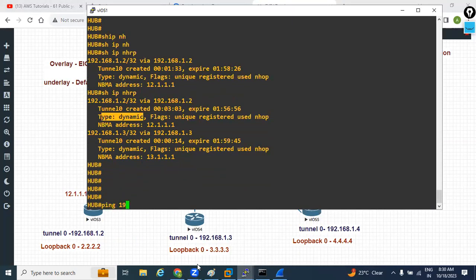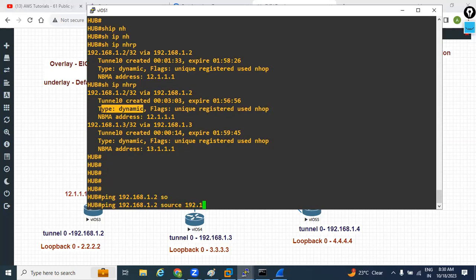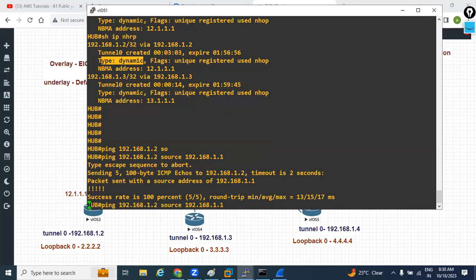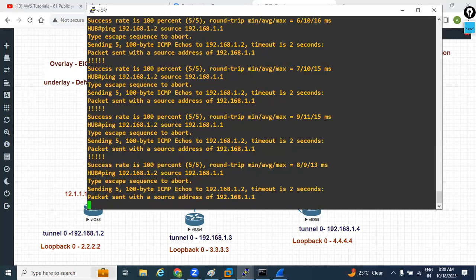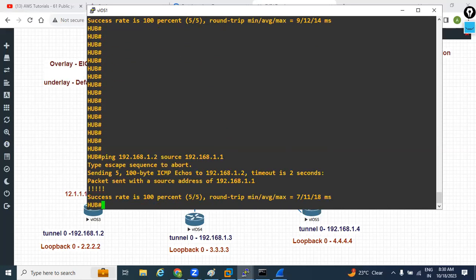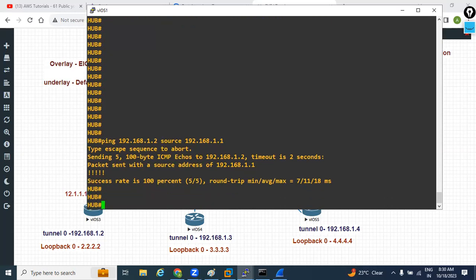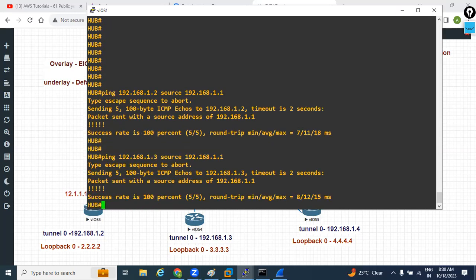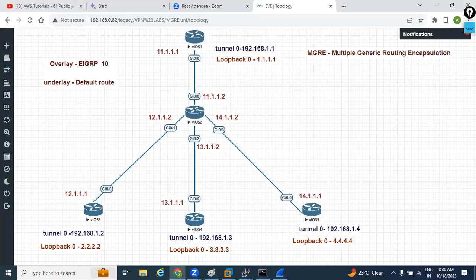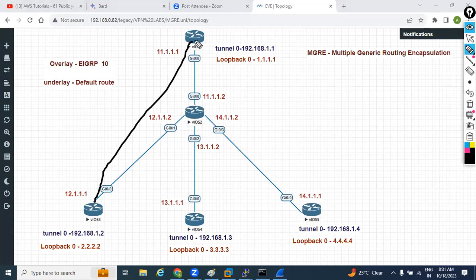And from here, I'm trying to ping on the tunnel interfaces from hub to spoke 1, and now spoke 2. So from the hub, I have reachability with spoke 1 and spoke 2.